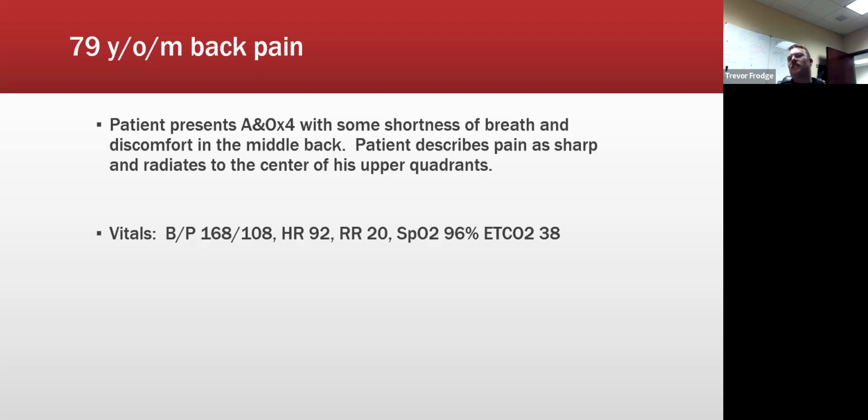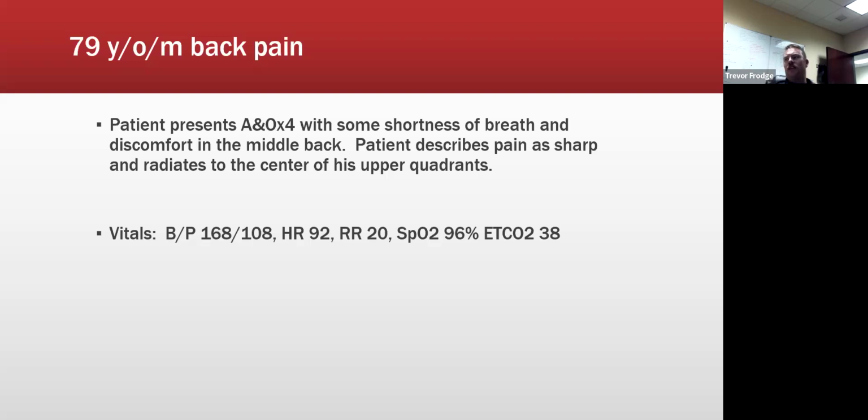He's hypertensive, 168/108, good heart rate, good respirations, good pulse ox, and good capnography. So while we might say, oh my gosh, this is an abdominal aortic aneurysm, he's not in shock, right? He's not bleeding out. He's got blood in his system, but there's a blockage within the aorta.